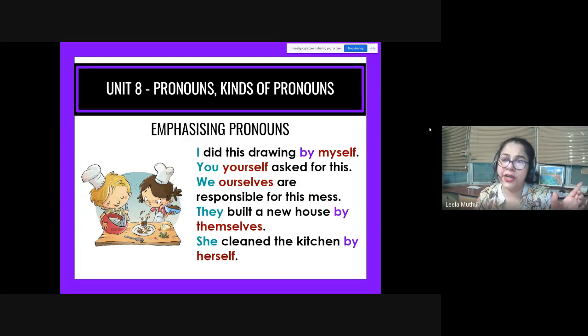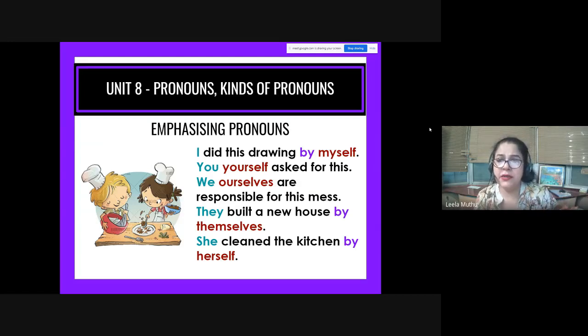Herself. She cleaned herself before having her dinner, or cleaned herself after she came from the beach. They treated themselves to an ice cream. They treated whom? Themselves.